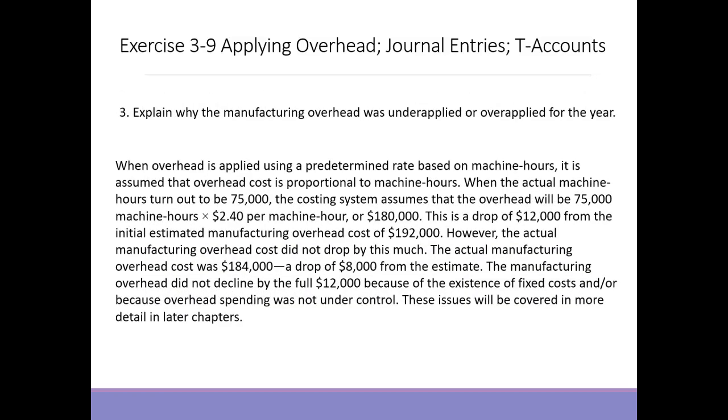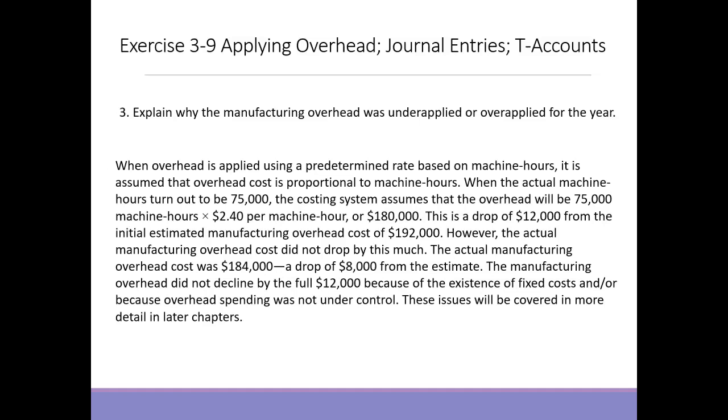Explain why the manufacturing overhead was underapplied or overapplied. When overhead is applied using this predetermined rate, it's assumed the overhead cost is proportional to machine hours. But when the actual machine hours turns out to be 75,000, then there's a drop in the initial estimated manufacturing overhead.